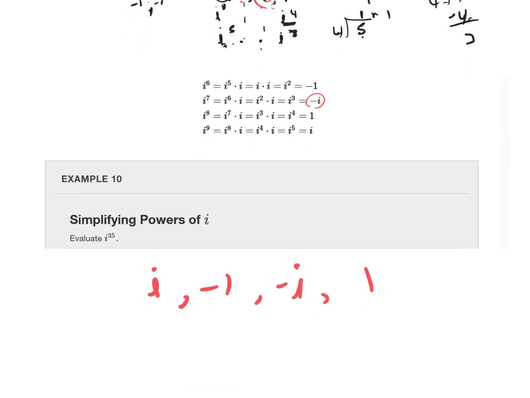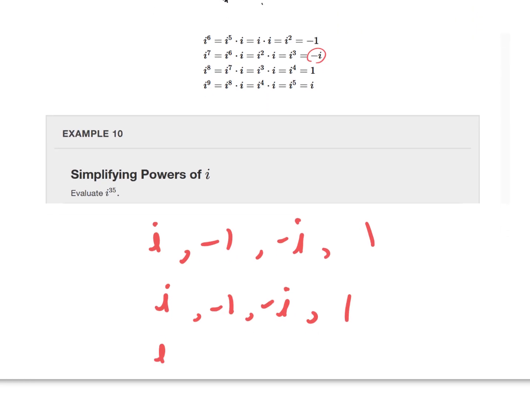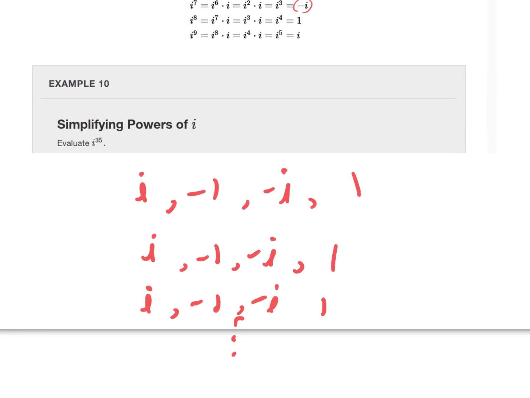That's 4. 5, 6, 7, 8. Well, I've got to keep on going. 9, 10, 11, 12. I've got to go to 35. Do you want to keep doing that game? You can. It does work.